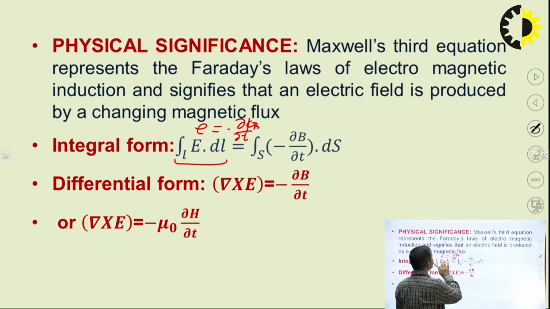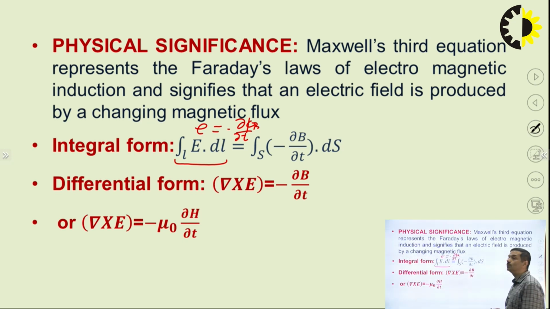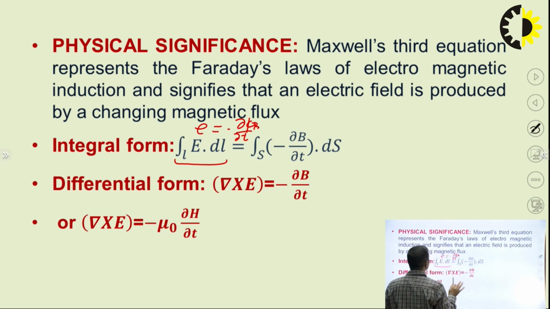So we can write that this third equation, which is Faraday's law of electromagnetic induction, signifies that an electric field is produced by changing magnetic flux, or induced EMF will be equal to minus rate of change of magnetic flux. We can represent the physical significance by using the integral form.